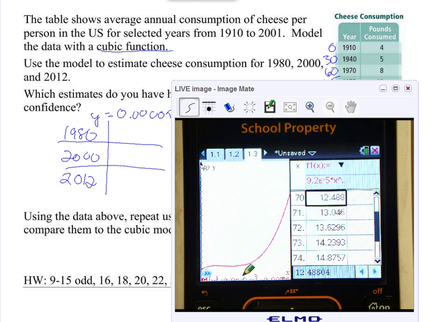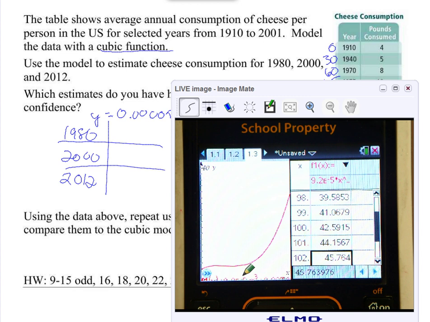So for 1980, we said was going to be 70 years down the road, so I had my table start at year 70. And I get 12.488. If I want to find out 2000, we said that would be year 90. So I can just scroll down until I get to 90. 29.1354. And then the last one, 2012, would be 102. So then I scroll down to 102.